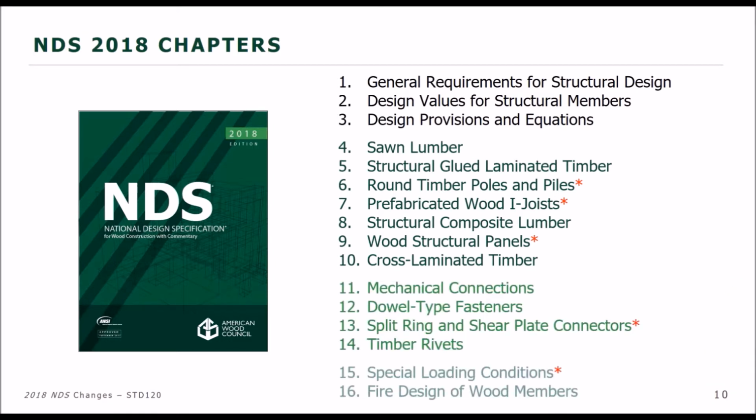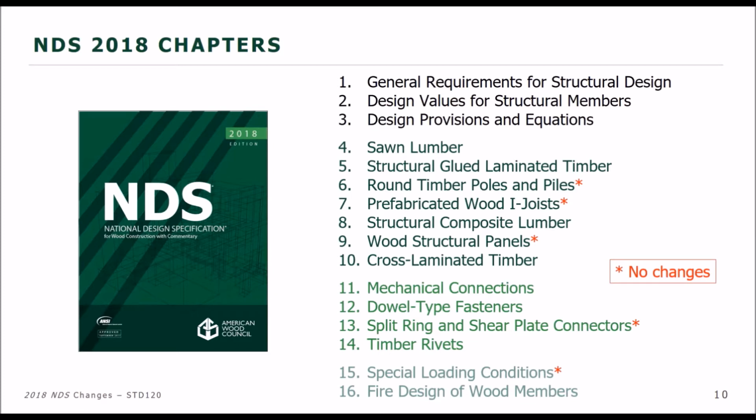Then we have the connections chapters: mechanical connectors, dowel type fasteners, and split rings, shear plates, and timber rivets. And then lastly, the special loading conditions and fire design for wood members. But right here at chapters 11 and 12, that's where the majority of the changes are in the NDS. And this is where Buddy will take over in the presentation when we get into chapter 12.